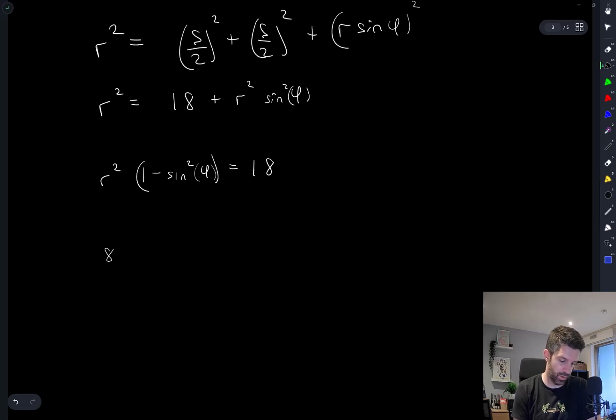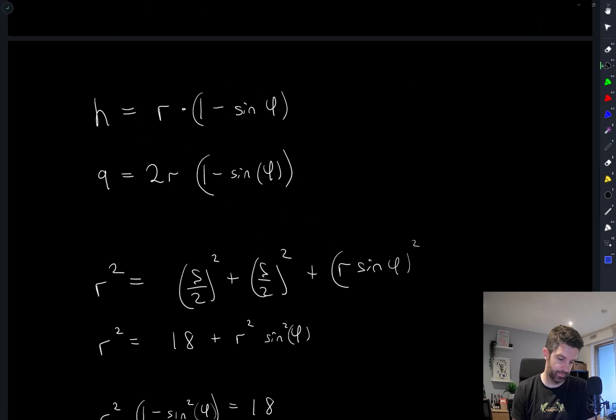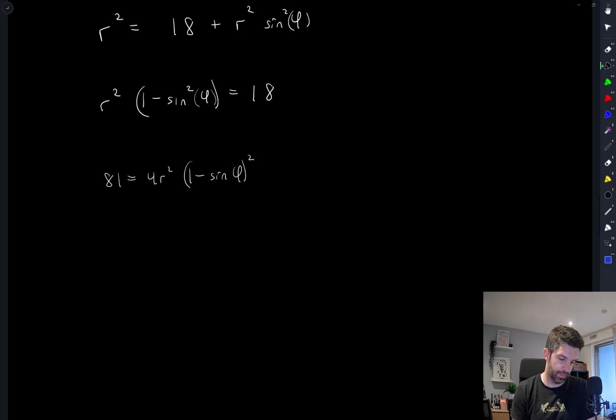So I have 81 is equal to 4r squared times 1 minus sine phi squared. And I want to divide one equation by the other. That won't give us r, but it'll give us an equation for sine of phi, or something like that.